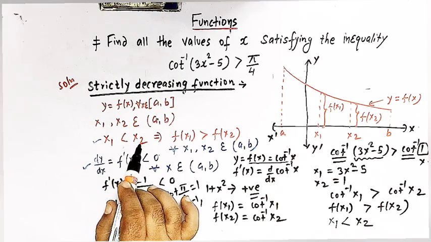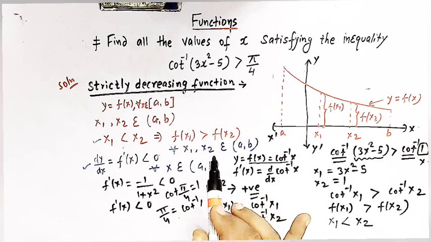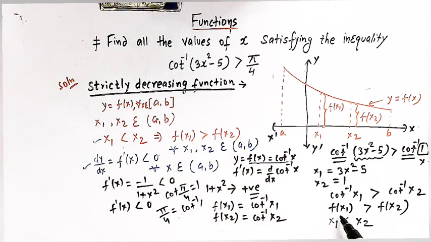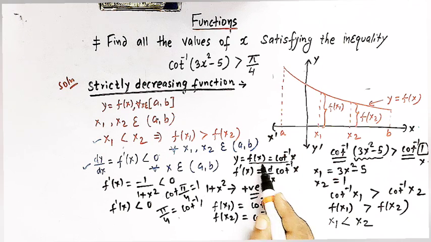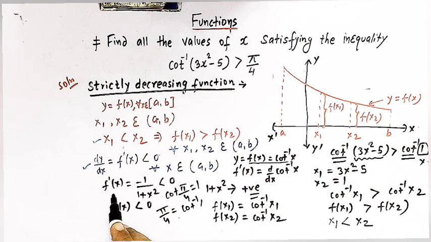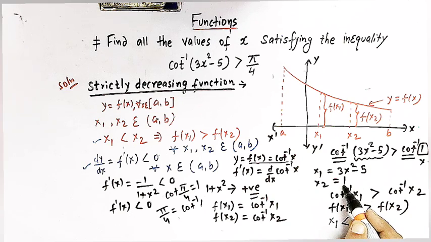Because when x1 is less than x2, then f of x1 should be greater than f of x2 for a strictly decreasing function, and we have just proved that cot inverse x, that is f of x, is a strictly decreasing function because the derivative, that is f prime of x, is less than 0, right? So x1 must be less than x2, that is this input must be less than this input, that is 1.